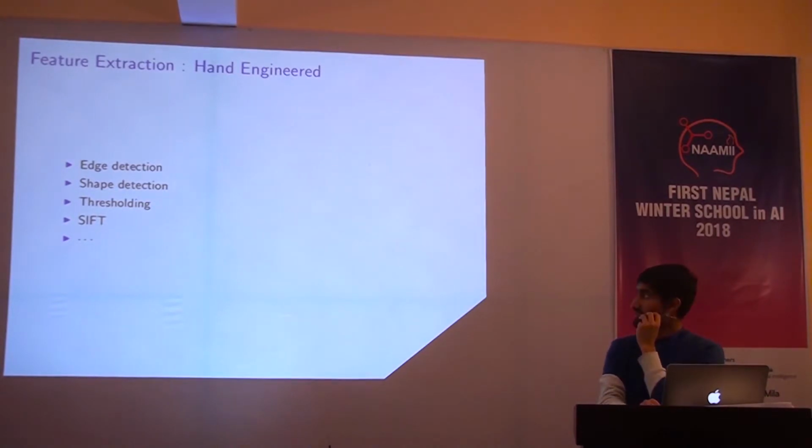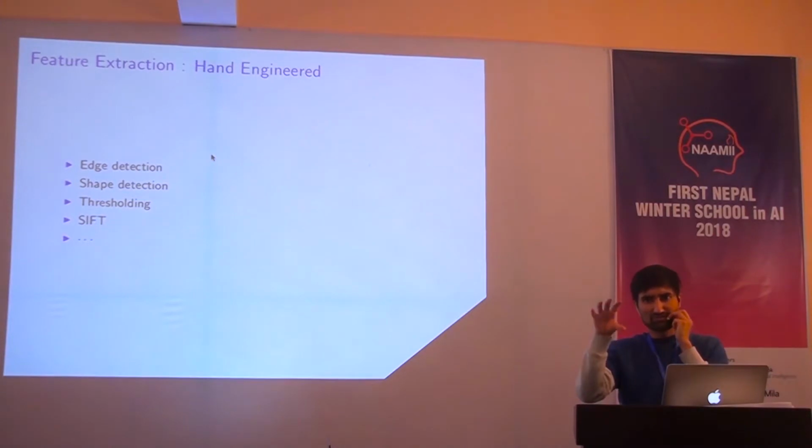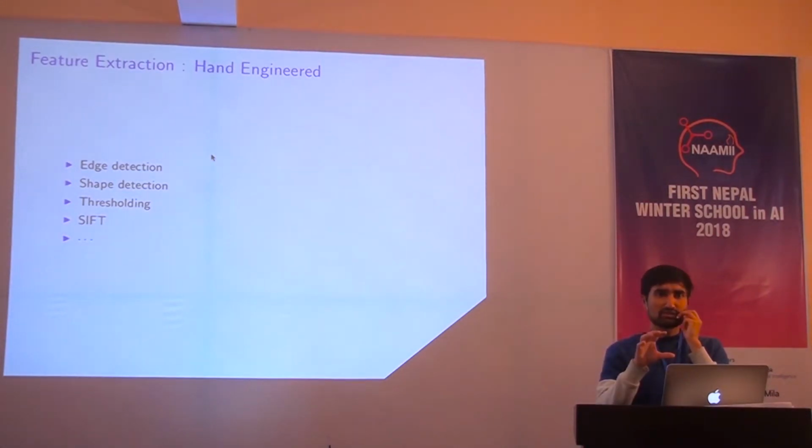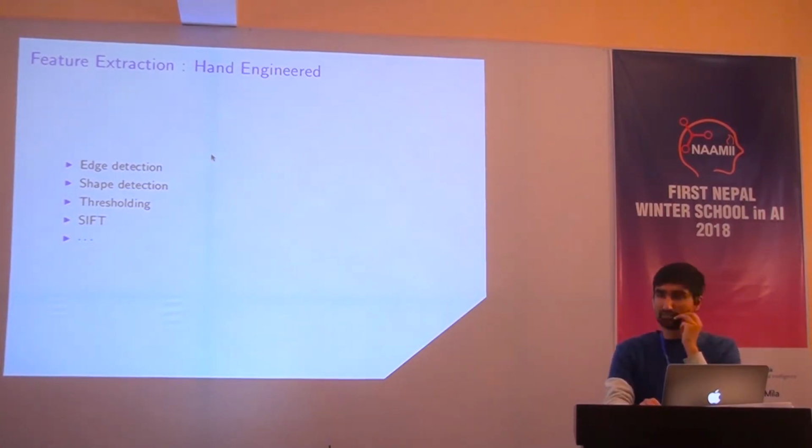With these, people have developed lots of methods, so there's a huge amount of literature. I'm not going to bore you with those things, but I'm just giving a few examples that will also help you build more intuition for the convolutional neural network next week when we talk about that.